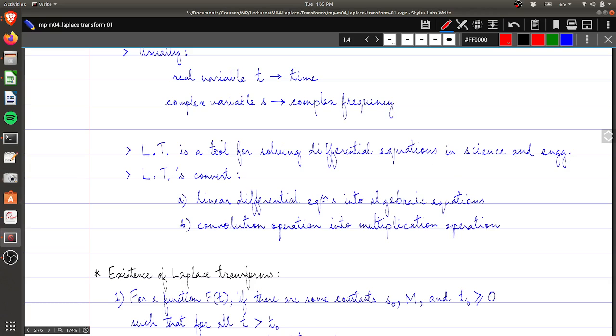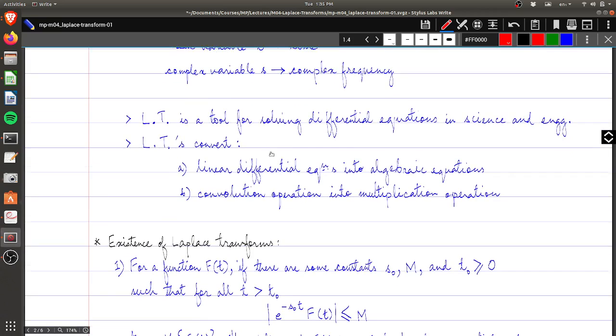If you have friends in engineering, you can ask them, they have a lot of problems involving differential equations. For solving these, the Laplace transform gives you a very easy way.